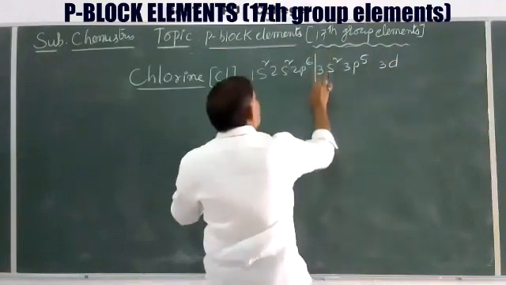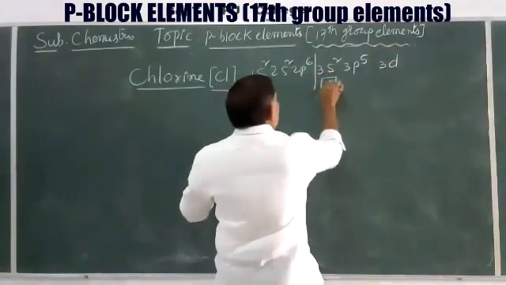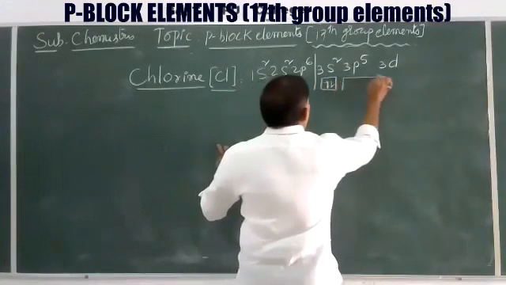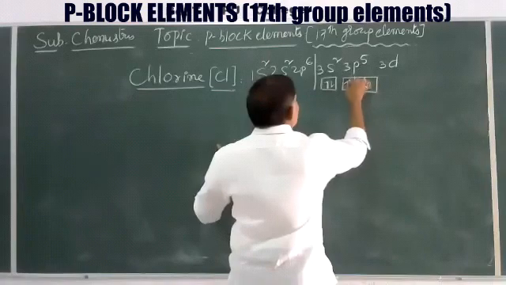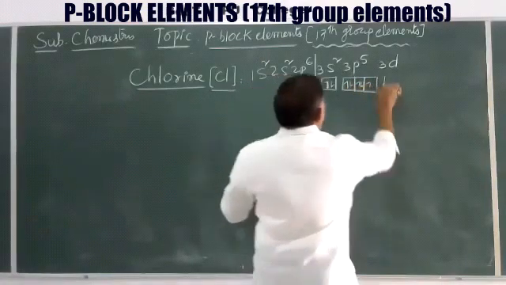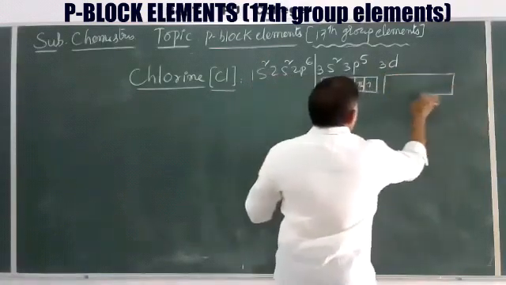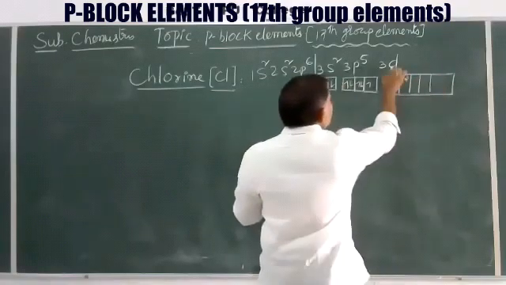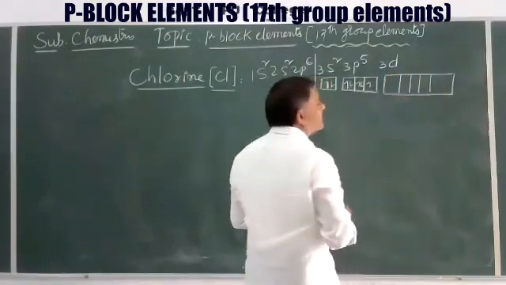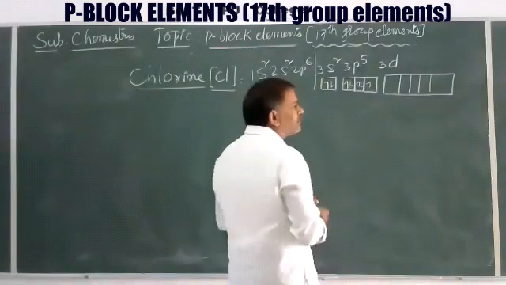This is the outermost shell. Here are 2 electrons in the s subshell and 5 valence electrons in the p subshell, and the d subshell contains 5 degenerate vacant orbitals.